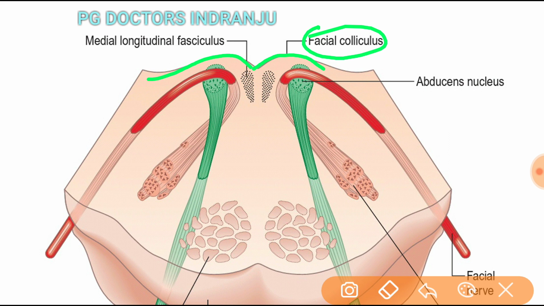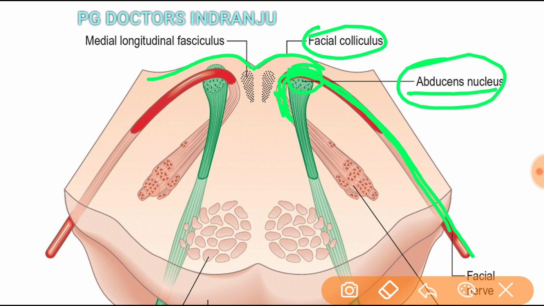So here is the abducent nerve, and this is the facial nerve which crosses it like that, but just behind is the abducent nerve. So the correct answer regarding the facial colliculus is the abducent nerve, not the facial nerve.